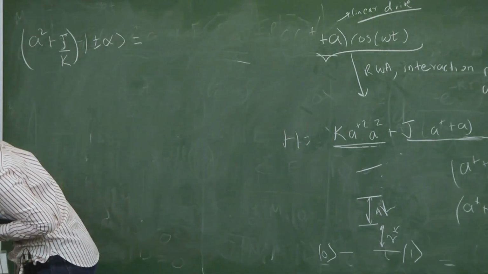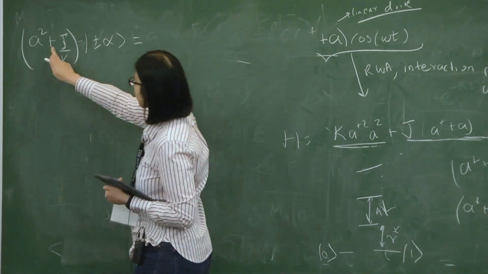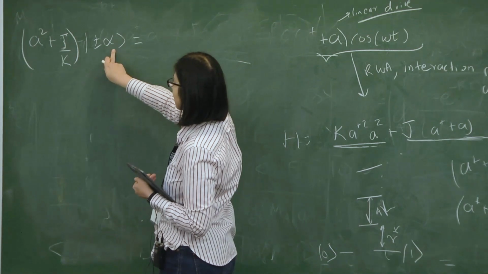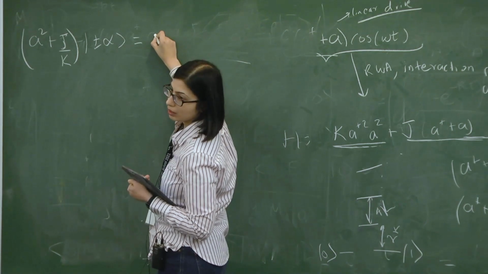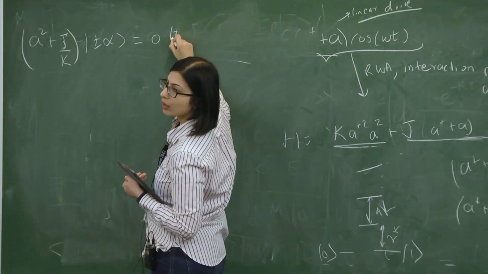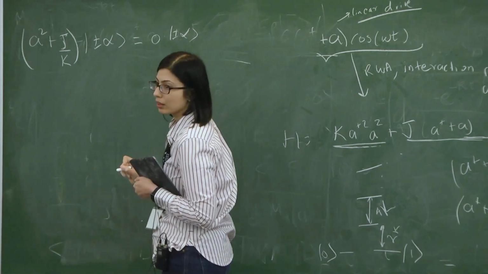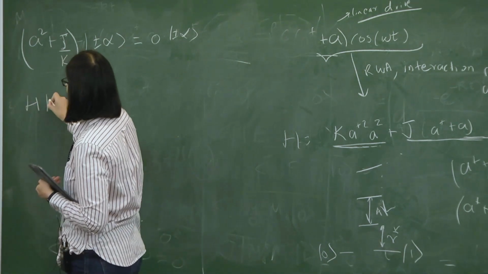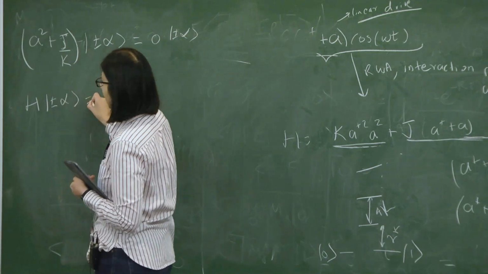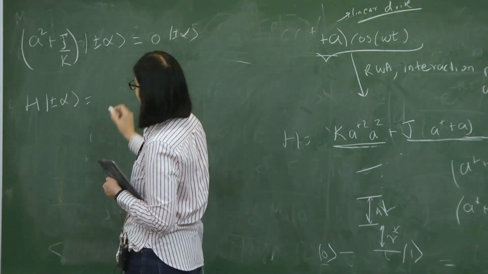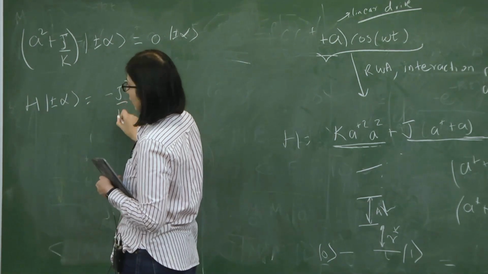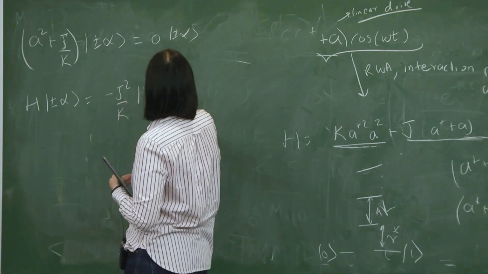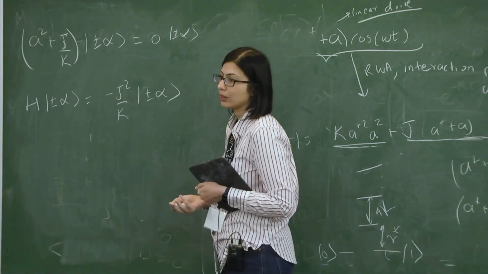If you use this, then a square plus j over k acting on plus and minus alpha is basically 0 times plus or minus alpha. That means that the Hamiltonian H acting on plus and minus alpha is equal to minus j square by k times plus or minus alpha.